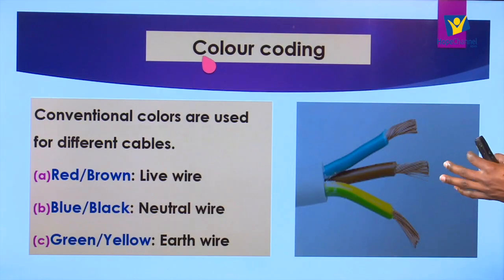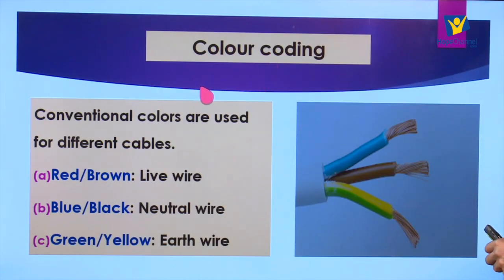I'll just show something before we go back to that diagram. In domestic wiring, we have something called color coding. We have different wires to connect, and to avoid confusion, we have specific colors used for different cables.